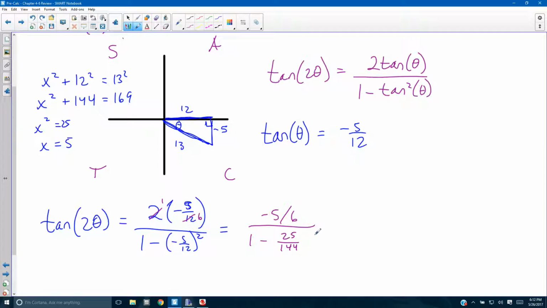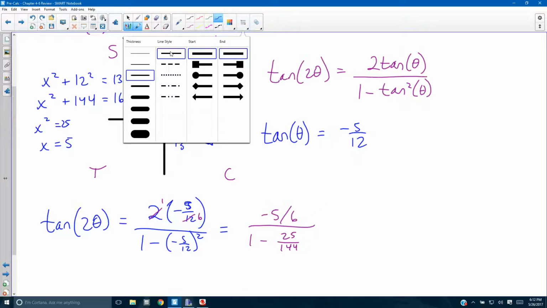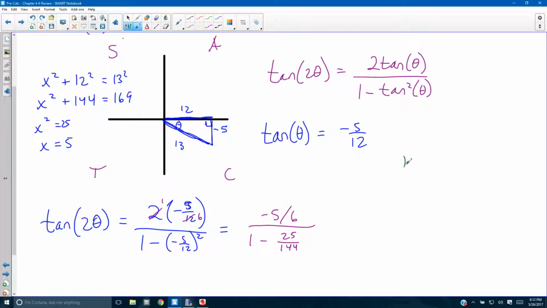My apologies, hiccups running rampant right now. All right, so on the bottom, there's some cleaning up to do here. We have a lack of common denominator. 1 is 144 over 144. So if I subtract 25 from there, we get exactly 119. So 119 over 144 we do have on bottom.